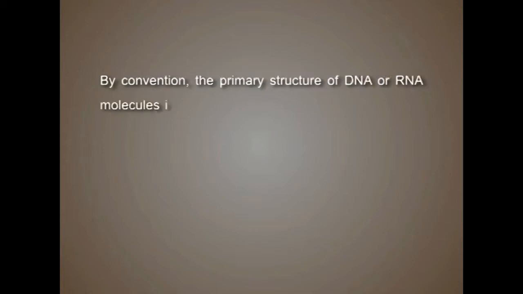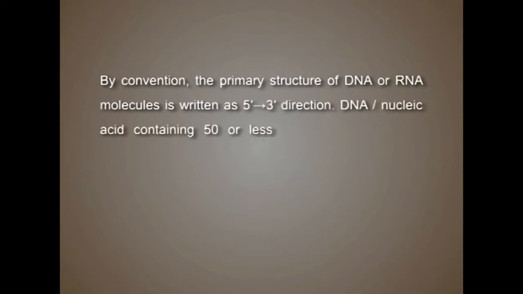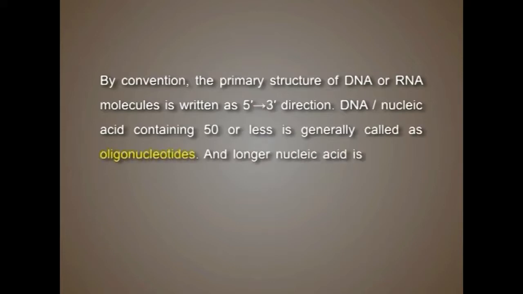By convention, the primary structure of a DNA or RNA molecule is written in the 5' to 3' direction. A nucleic acid containing 50 nucleotides or fewer is generally called an oligonucleotide, and a longer nucleic acid is called a polynucleotide.